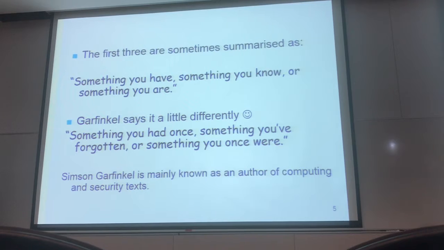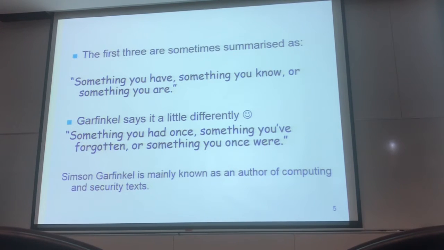So we can use different ways to do authentication to identify the user. In general, we can use all the factors presented in the previous slide. But the three common ones we use are something you have, something you know, and something you are. These are the big three, the three common methods we use for authentication.